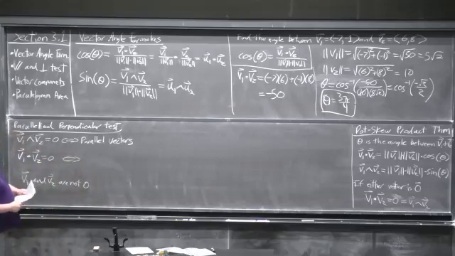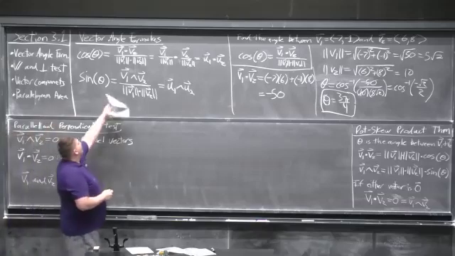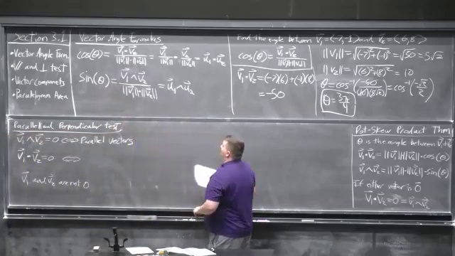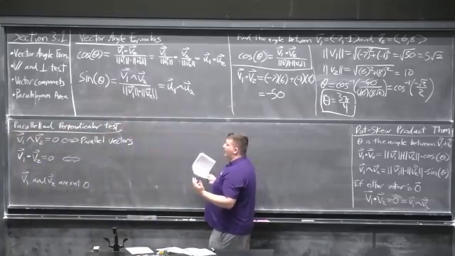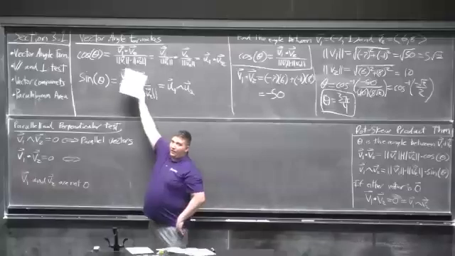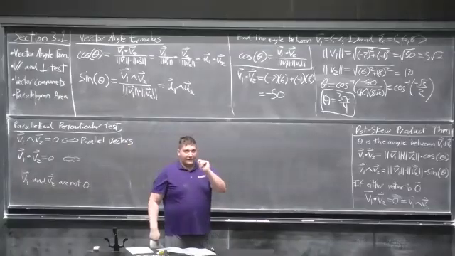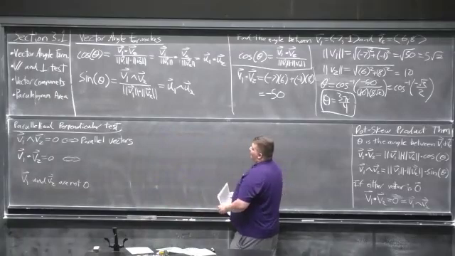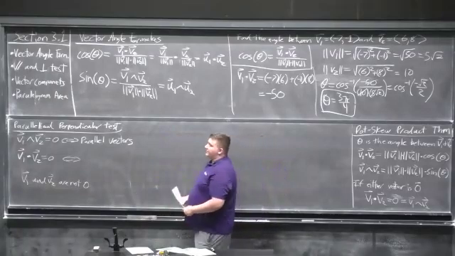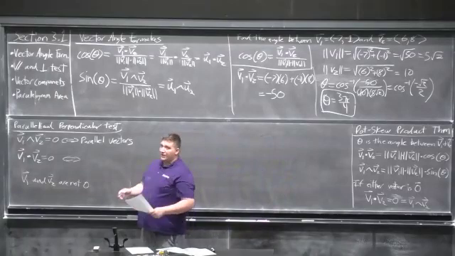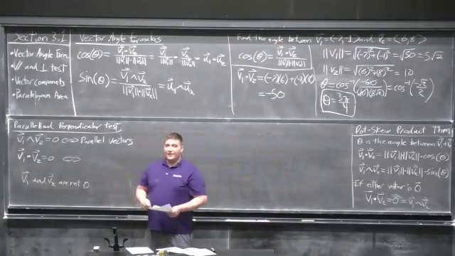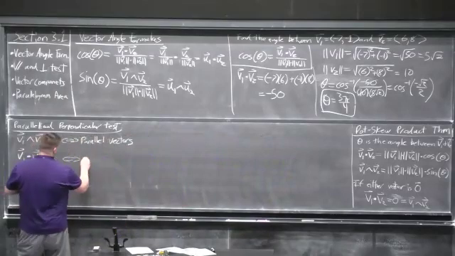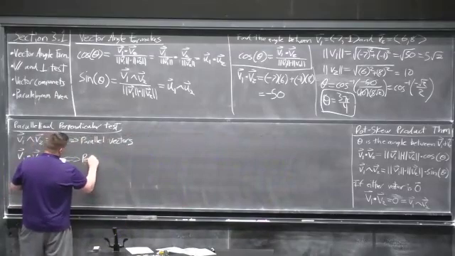Well, we're going to do the same thing and say, okay, v1 dot v2 gets us 0. So their magnitudes don't matter, other than the fact that they can't be 0. And when I take the inverse cosine of 0, what gets cosine to equal 0? Well, that is pi over 2. So in other words, this is when they're perpendicular.